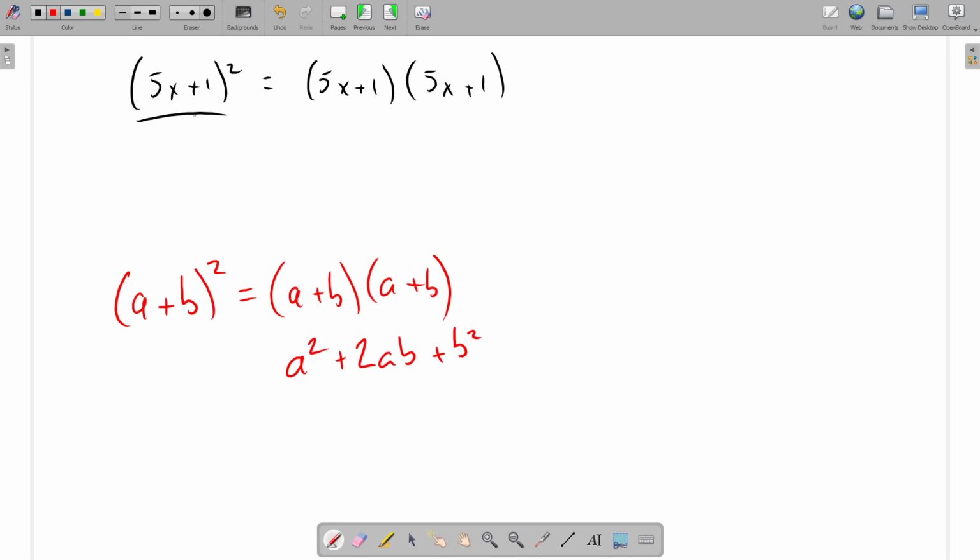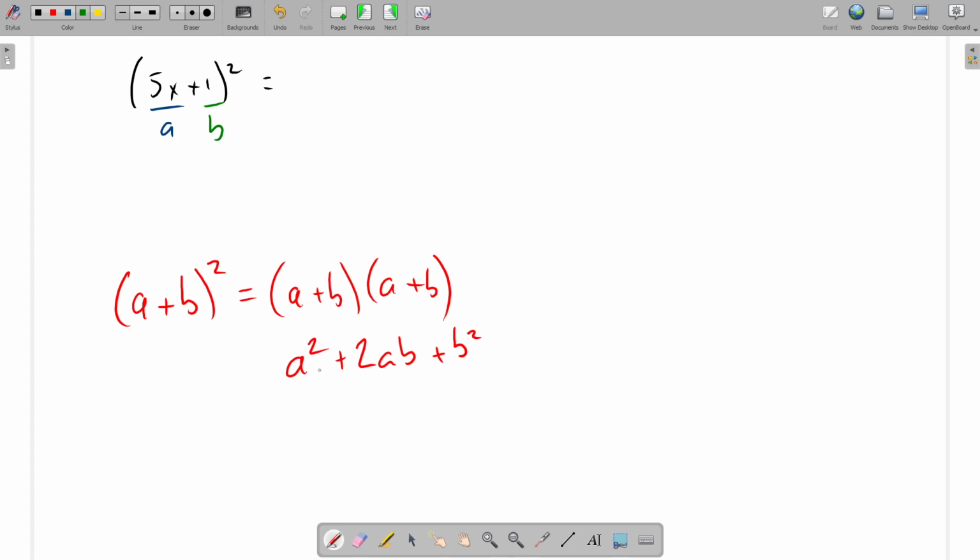I don't need to worry about multiplying it out in the traditional way. We can basically jump straight to the answer as soon as we identify what a and b are. So a is my first term in the binomial, 5x, and b is my second term in the binomial, 1.